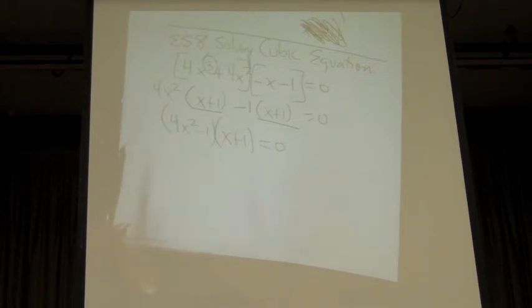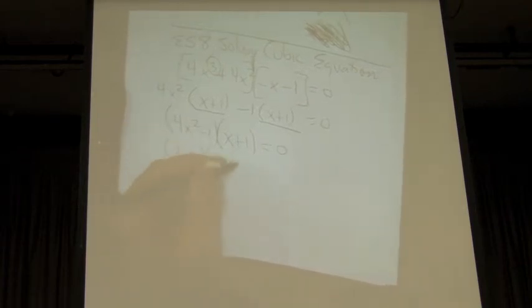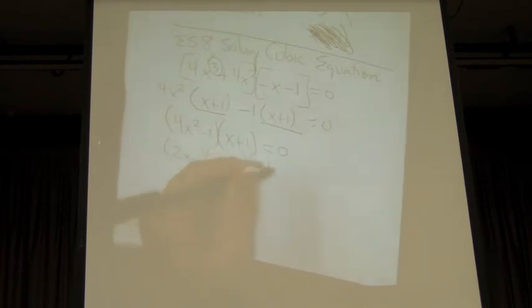Now, shh, in the back. One way to do it is to completely factor it. Can you recognize that 4x squared minus 1 is factorable? If you do, factor it: 2x minus 1, 2x plus 1, and x plus 1.